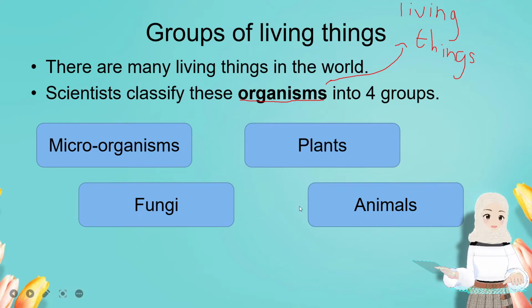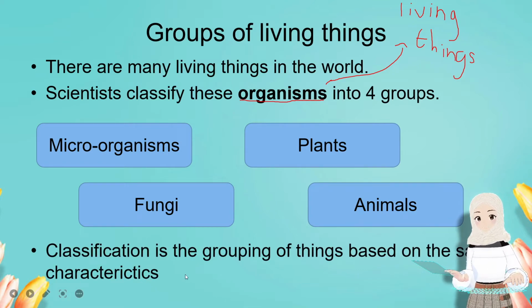So these are the 4 groups of living things. So if kami perlu macam semua benda-benda hidup di dunia ini, mesti kami simpan dalam kumpulan. Biasanya saintis, orang yang mengkaji sains ini, simpan dalam 4 kumpulan ini. Microorganism, fungi, plants, and animals.